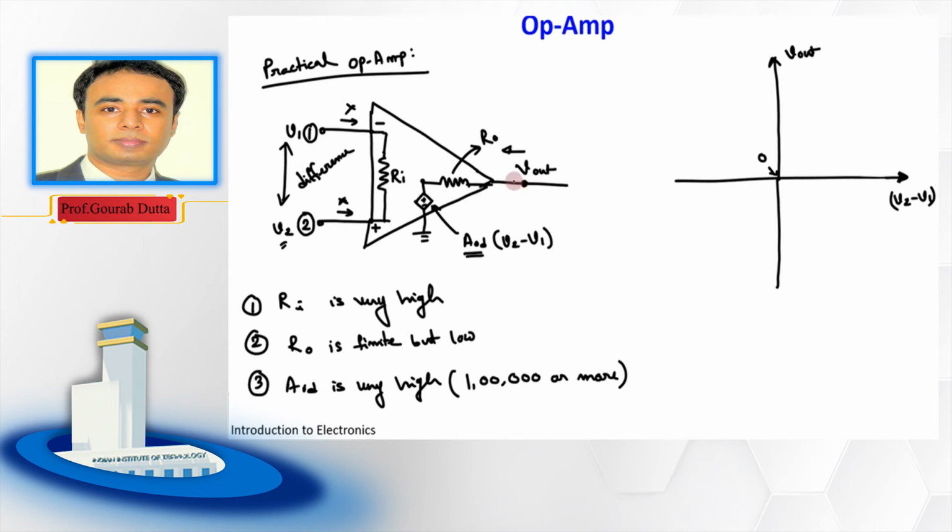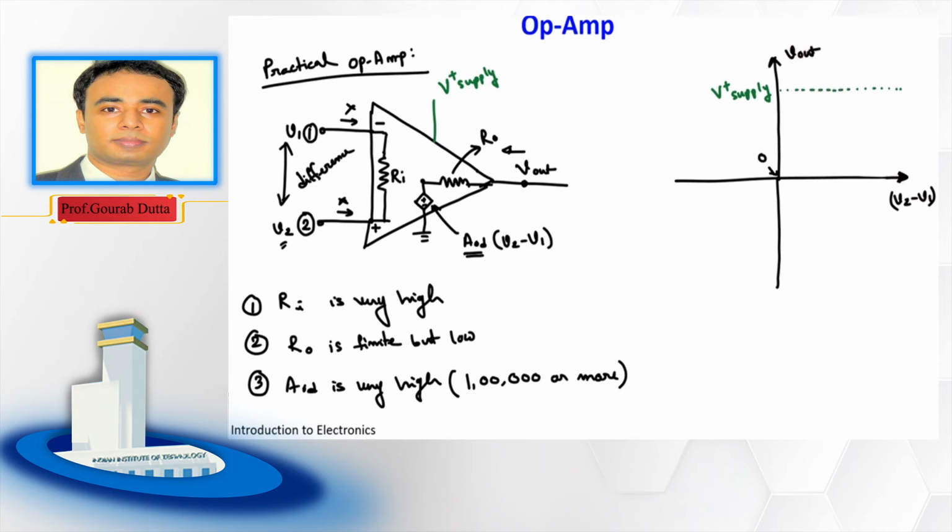If the positive maximum supply voltage is V plus supply, and we indicate that here, then for this V2 minus V1 the output will also be close to that.